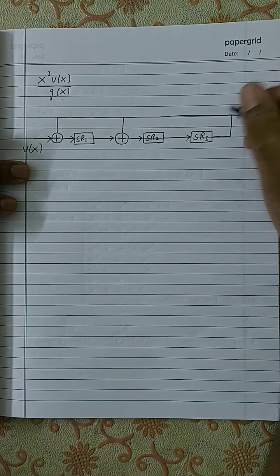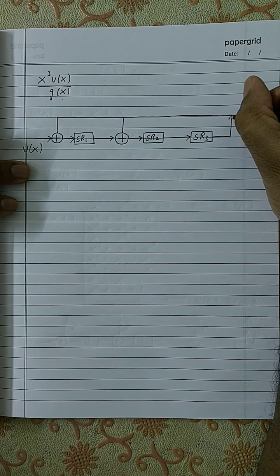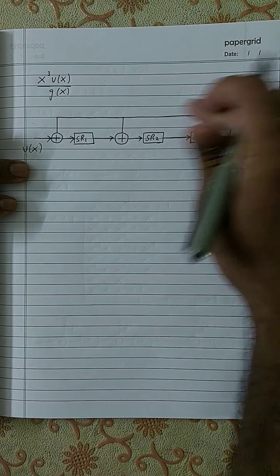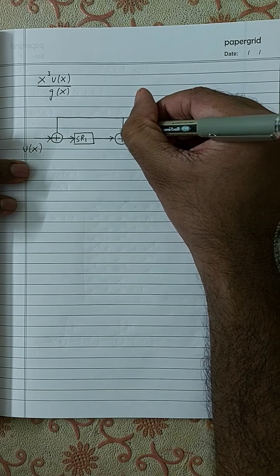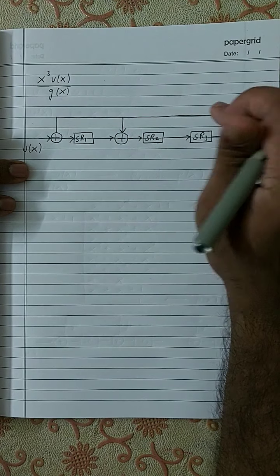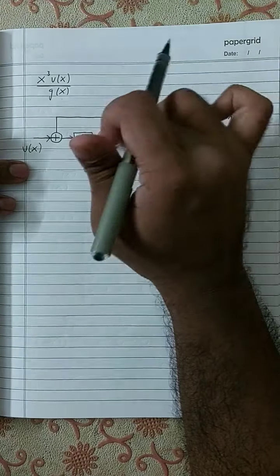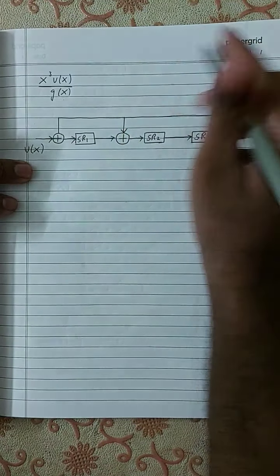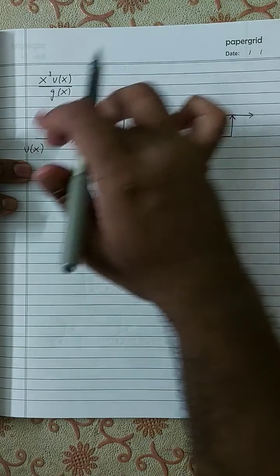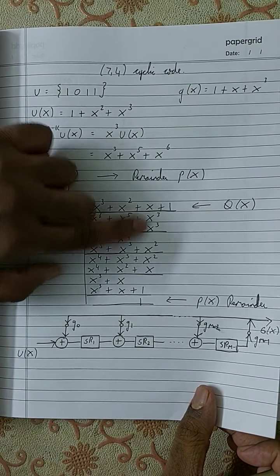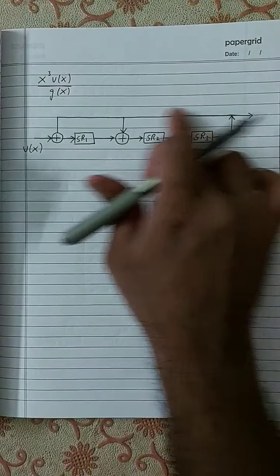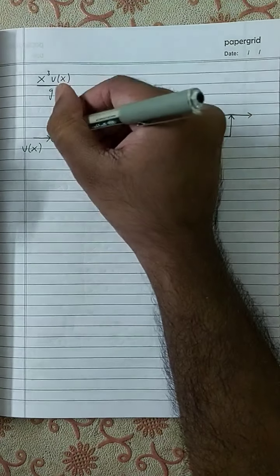After every XOR operation, it will be shifted and then fed back to the input, and then the quotient that you get will be multiplied with your divisor, or this quotient will be XORed with this operation over here. This XOR operation is what is represented by this feedback operation.